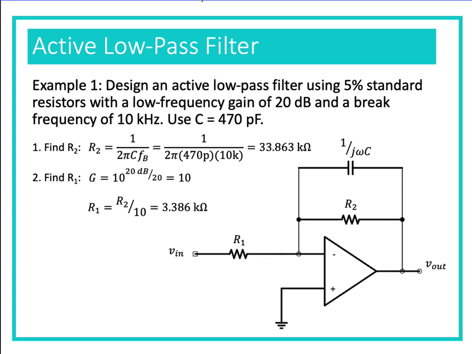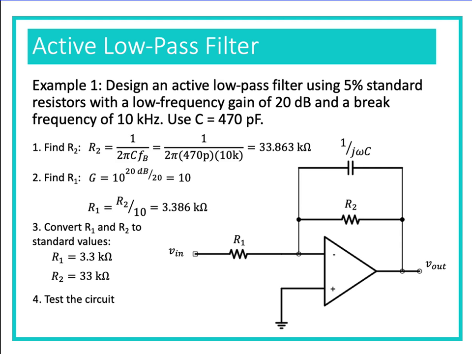That means R1 is just going to equal R2 over 10, which is 3.386 kiloohms. Now we convert R1 and R2 to standard values. The closest we have is 3.3 kiloohms and 33 kiloohms.